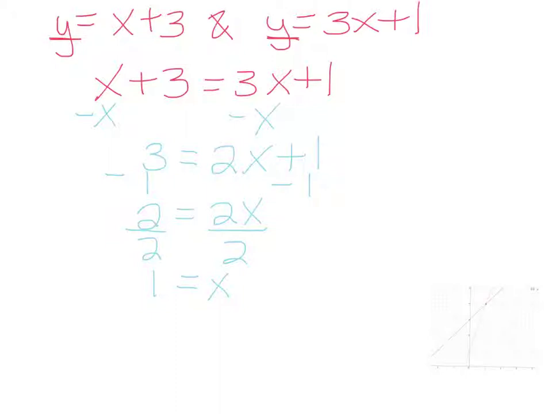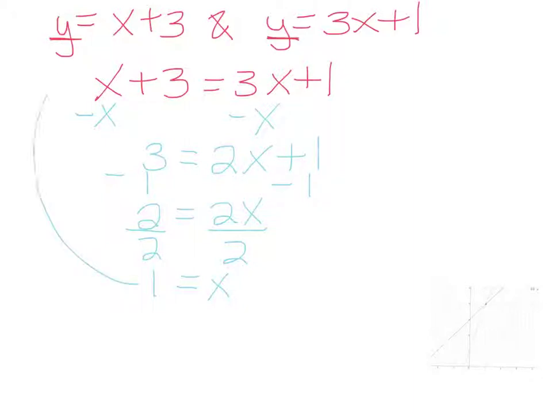Now, this is what I was talking about in the steps to solving systems of equations, where we combined the two variables. Where we combined it is right here, and then we literally solved for one variable. So we found that x equals 1. If you return back to your 3 steps for solving a system of equations, you'll notice that the next step would be to plug this back into one of the original equations and solve for the other variable.